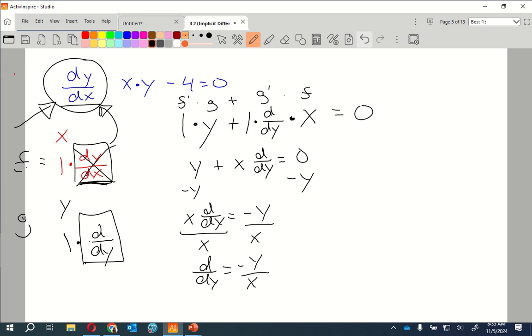So in regular notation, what would that dy dx look like? Would that be just y prime? What do these guys say? Oh, they just use dy dx instead?